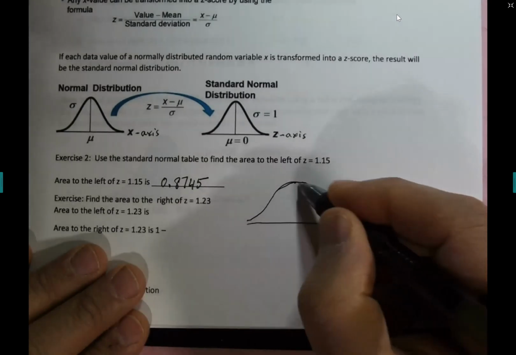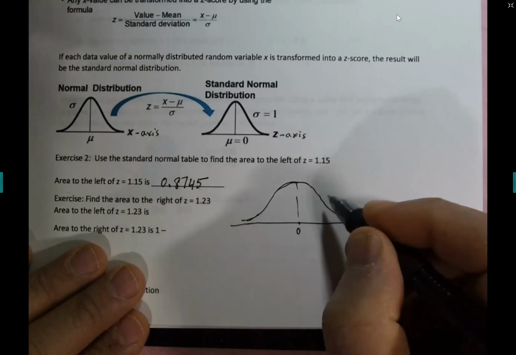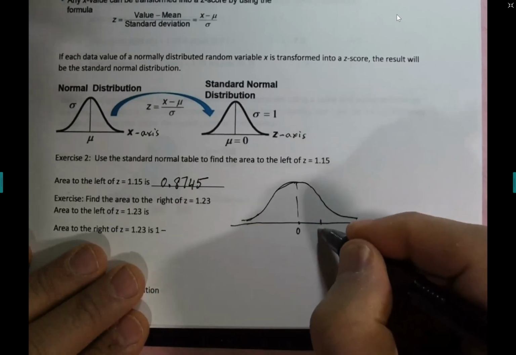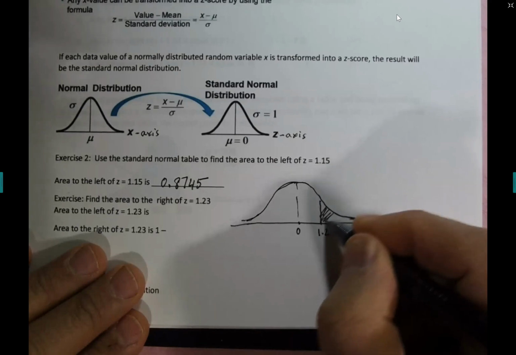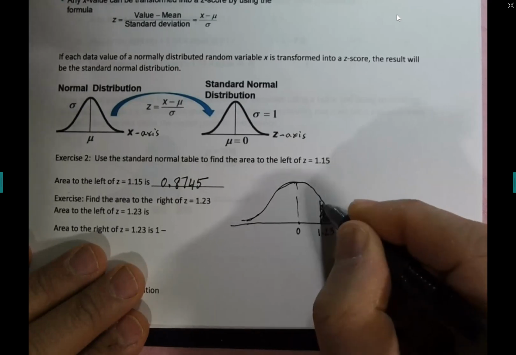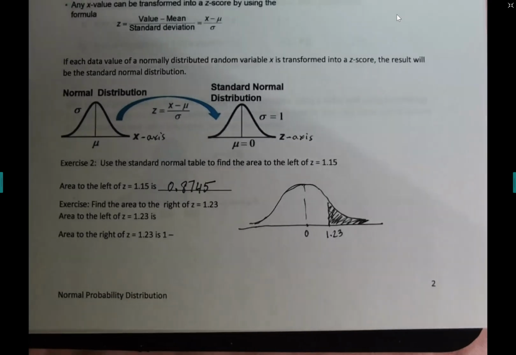Okay, to the right, so that's a 0. 1.23, so I'm going to just put 1.23 somewhere, guys, and shade the area to the right. All right, and I'm going to project the table and see what you guys would do to find this area. So here's the table. Since it's a positive value, I'm going to just project the positive.